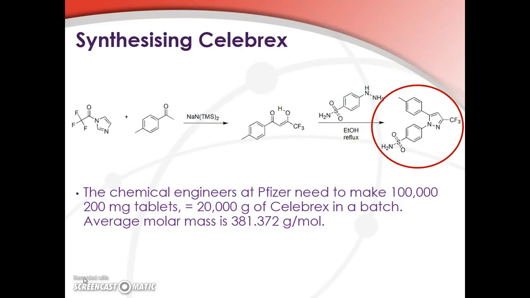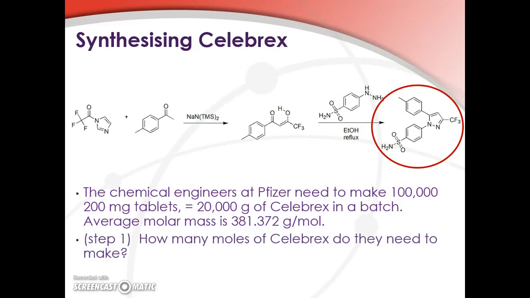So we can quickly total up the atoms in our structure to get the molar mass. I'm not going to go through that. You could do that manually, but the mass is 381.372 grams per mole. So our first step is to say how many moles of Celebrex do we need. And this is exactly the calculation that the engineers at Pfizer would do.